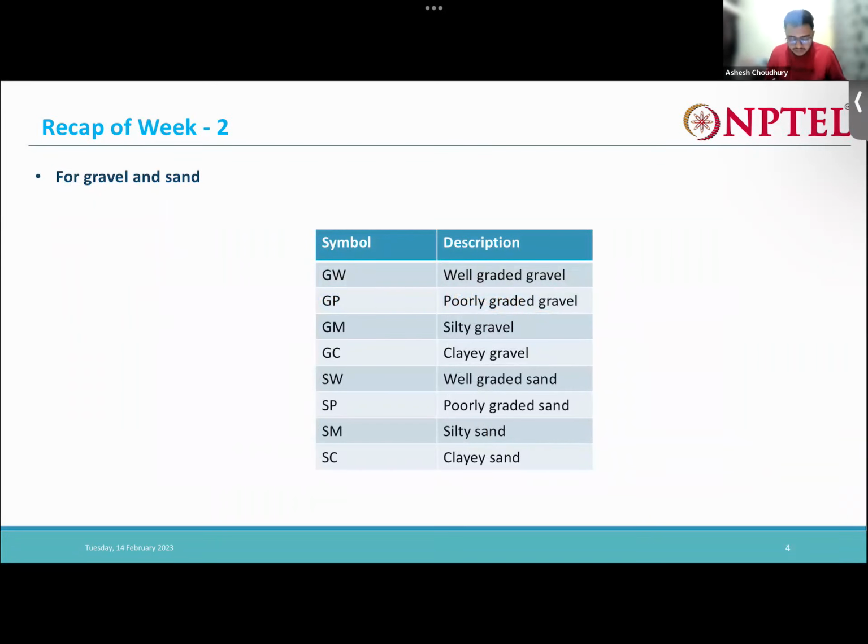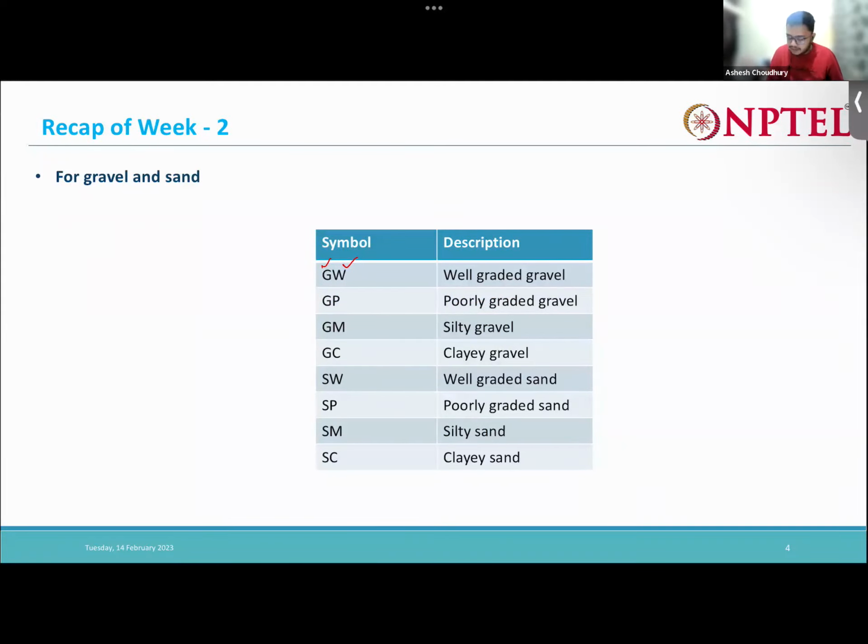Now, for gravel and sand, let us see some of the possible classification symbols formed using those prefixes and suffixes which we learned just now. GW means G is gravel, W is well graded, so it's well graded gravel.